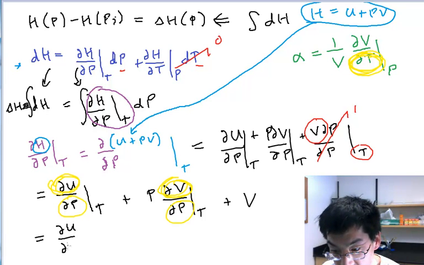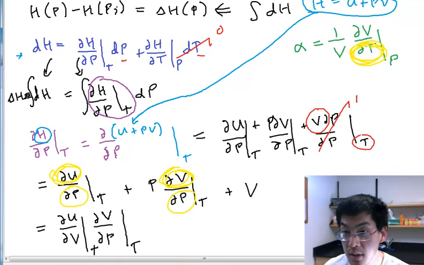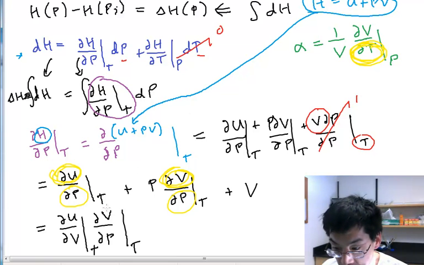(dU/dV) times (dV/dP). If I put dU/dV at constant temperature times dV/dP at constant temperature, then you could see that really I'm not doing anything because the dV's cancel.